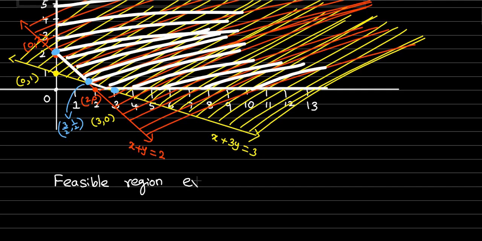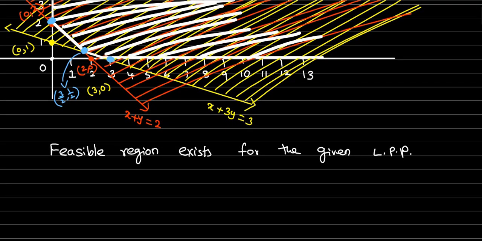Linear programming problem and LPP are the same. So for the given LPP the feasible region exists, and it is unbounded.